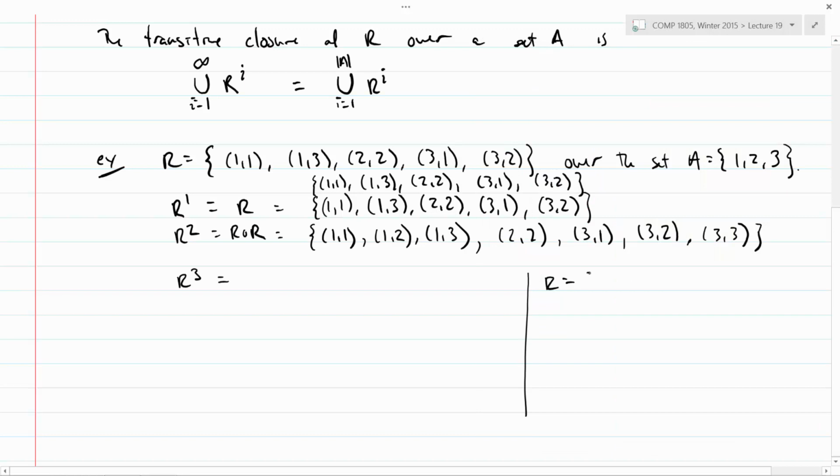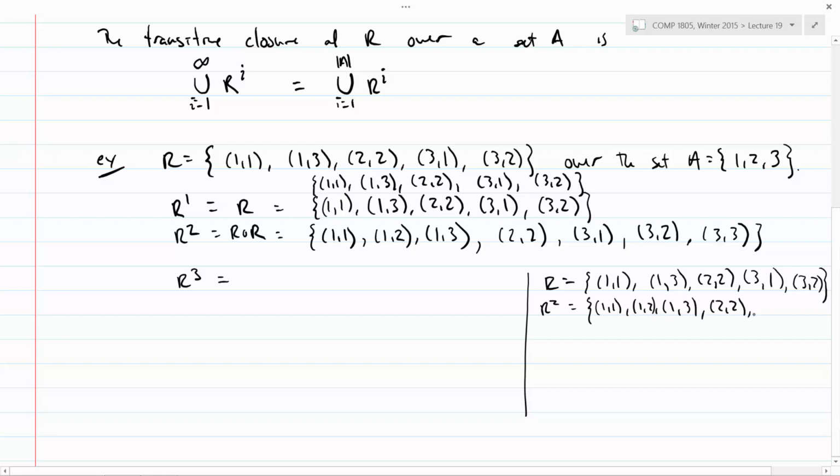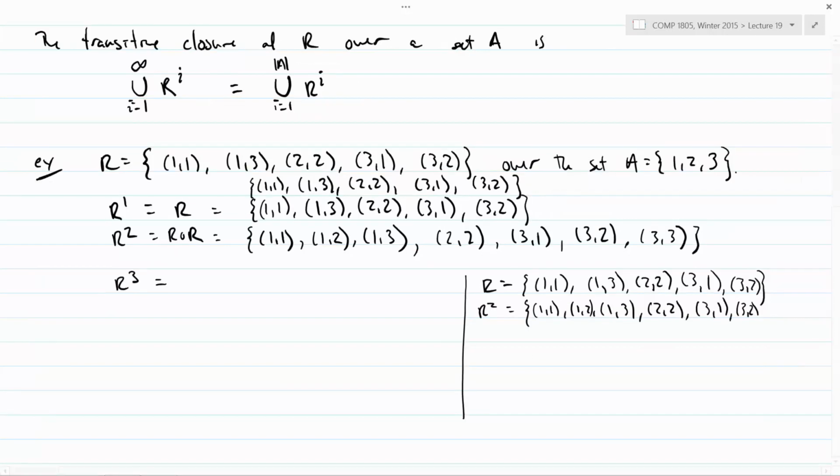And I know that r is just 1,1, 1,3, 2,2, 3,1, 3,2. And r squared goes on the bottom. R squared is 1,1, 1,2, 1,3, 2,2, 3,1, 3,2, and 3,3.